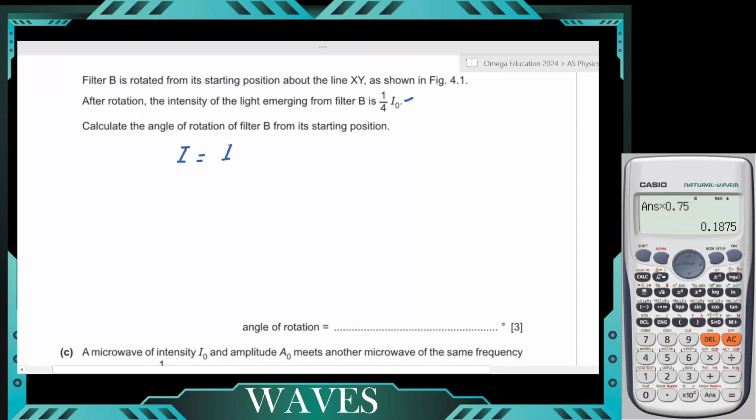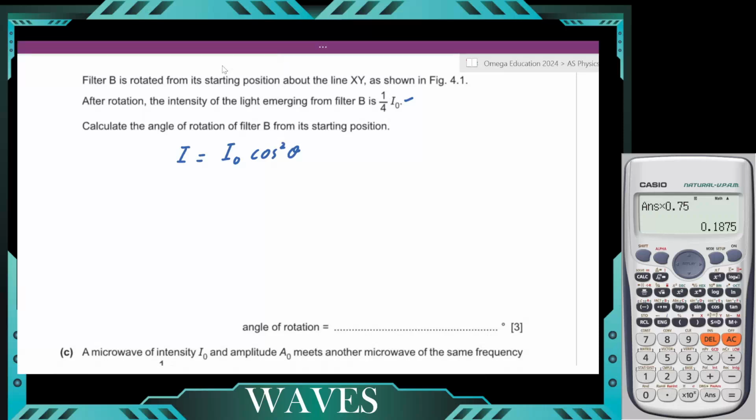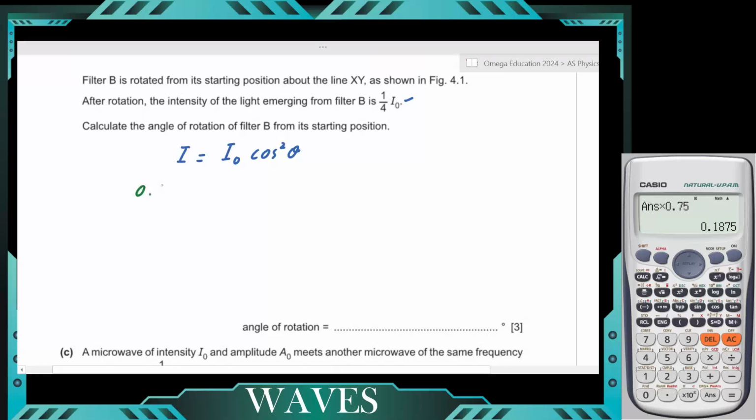New intensity equals the old intensity times cos square theta. What is the new intensity? 0.25 I naught. What is the old intensity? I naught, cos square theta as it is. I naught cancels out, so 0.25 equals cos square theta.